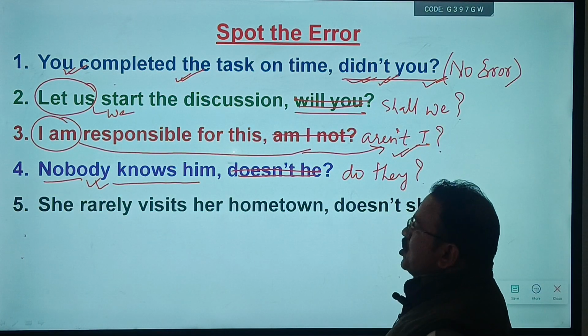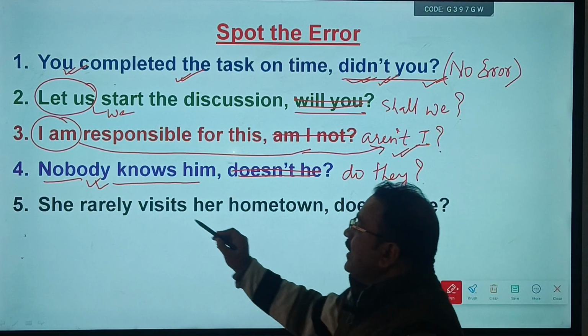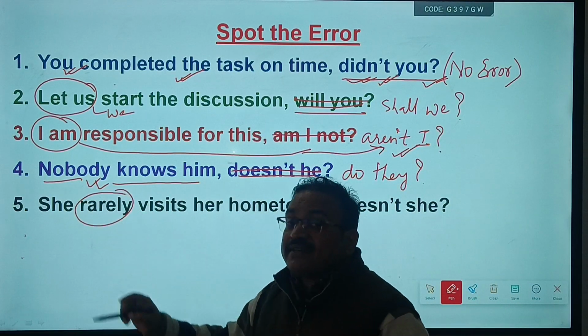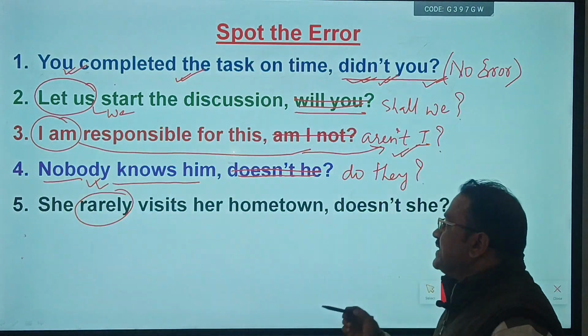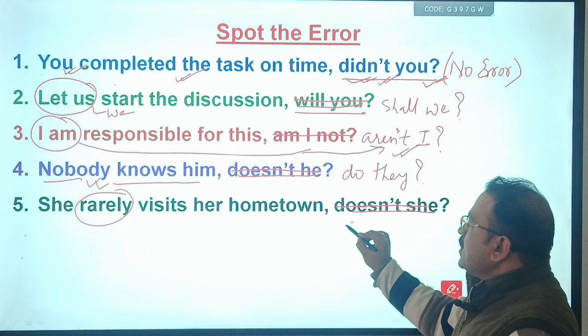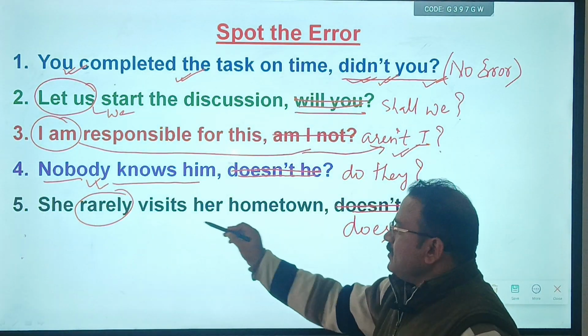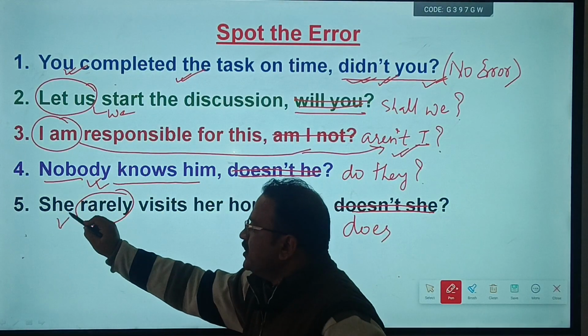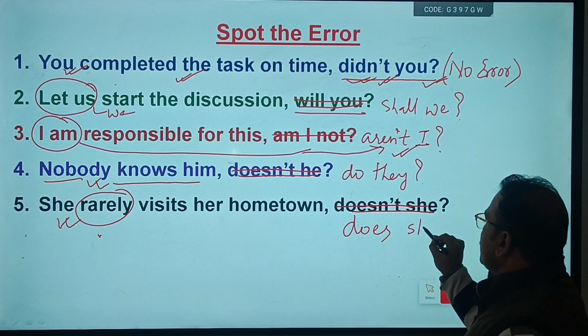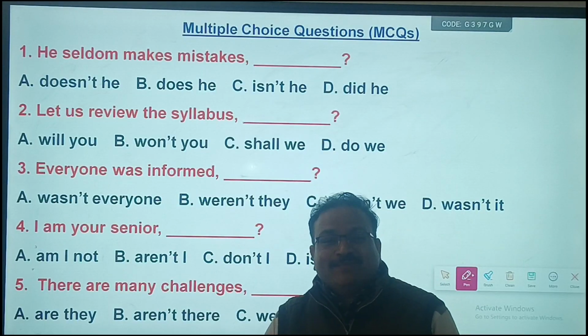Do they. She rarely visits her hometown, doesn't she? Now this rarely is a negative word, making the sentence negative, so a negative tag is not acceptable. What? Does, and the pronoun is what? She. Does she. Yes.